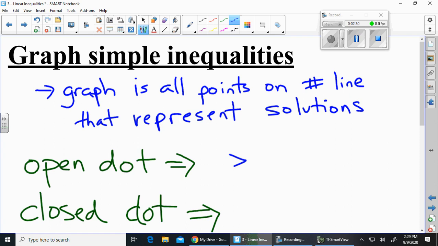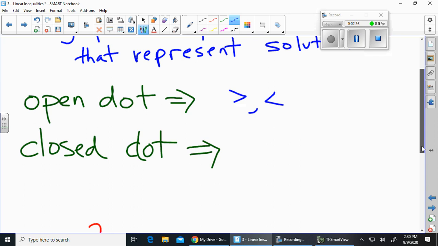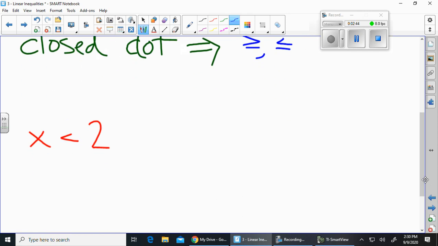So if you have greater than or less than, open dot. Closed dot, greater than or equal, less than or equal. So if I said graph this, I am really saying give me all the numbers, any number that I can plug in for x that is less than 2.